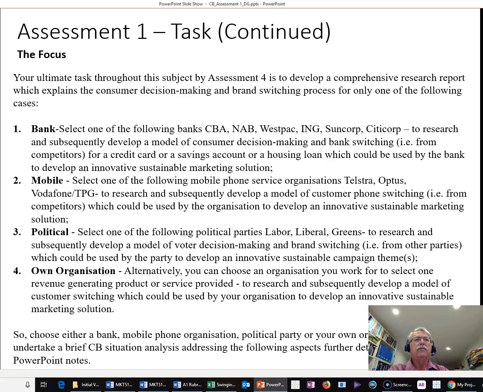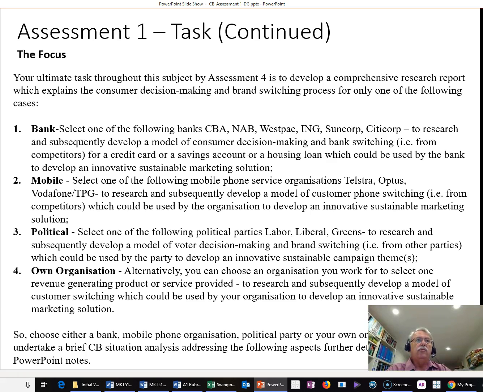The third one relates to the Australian federal government election in 2013, and if you choose this case, you will choose either the Labor Party, Liberal Party, Greens, and what you need to be able to do is to develop a model of why and how voters choose a particular party and why they switch brands.